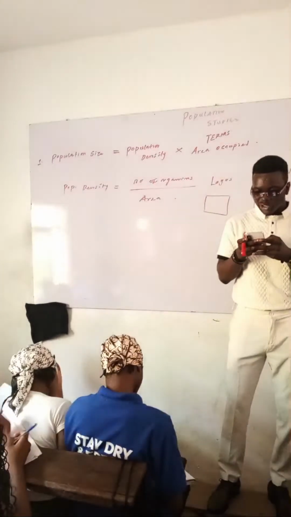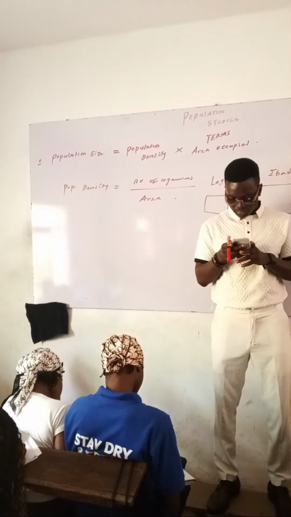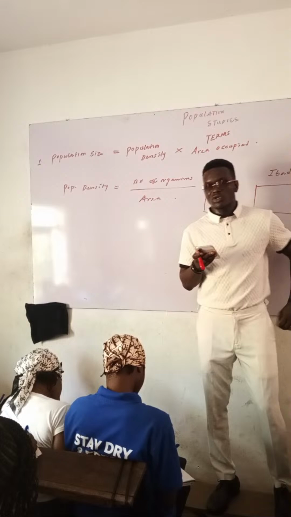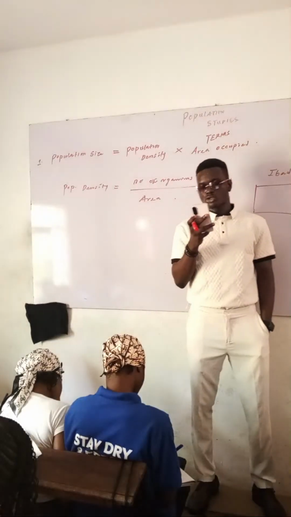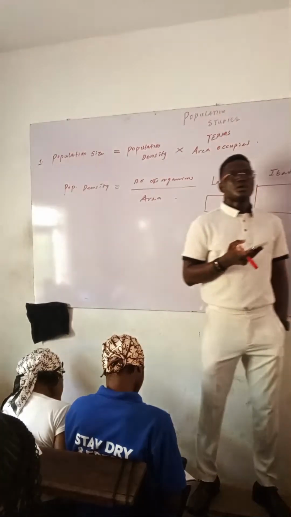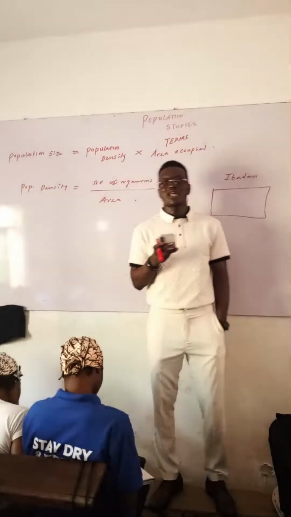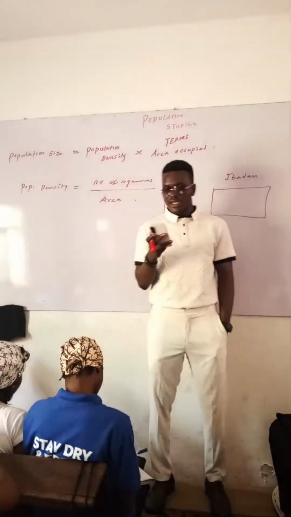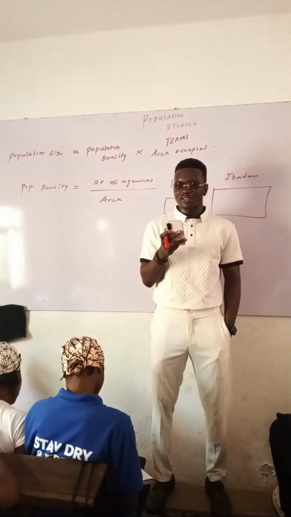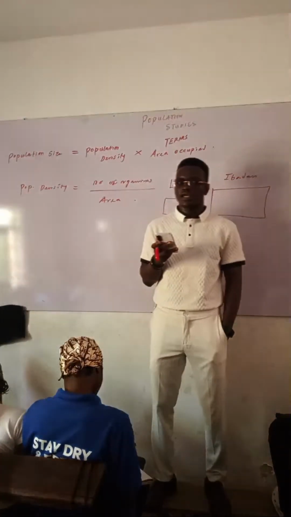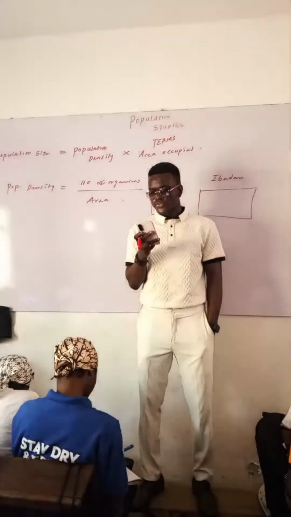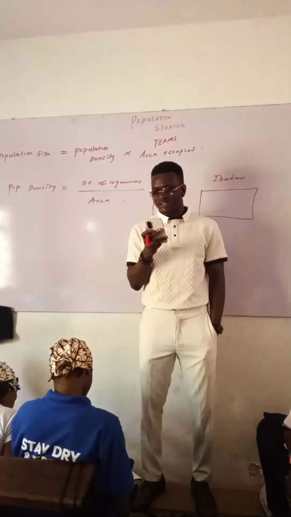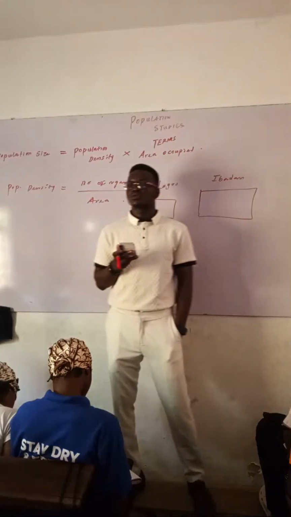The population density of Trinidad in an abandoned square farmland of size 200 meters was found to be 5 plants per meter square.